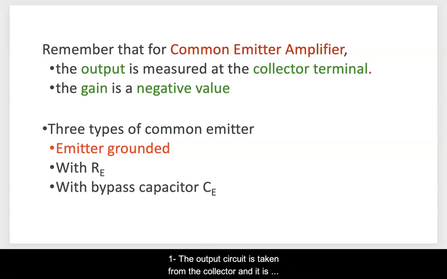First, the output circuit is taken from the collector and it is measured with respect to ground. Therefore, Vout is equal to Vc. Secondly, the collector voltage is equal to the supply minus the drop across the collector resistor. This is expressed by Vc is equal to Vcc minus IcRc.